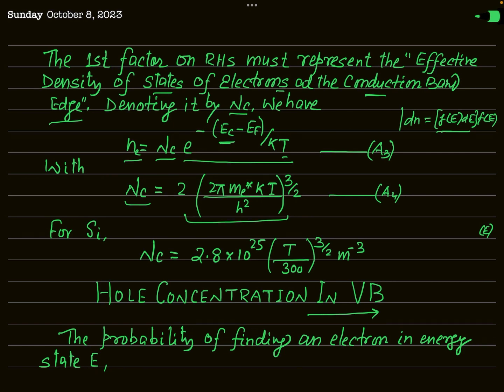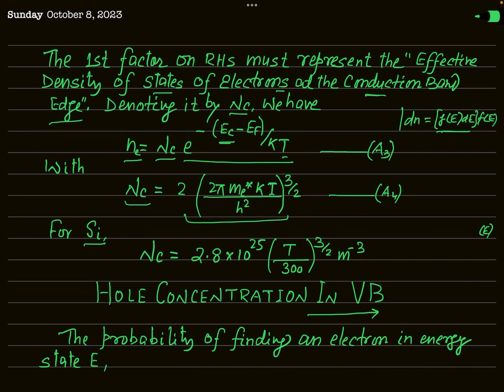Now, you can see the expression for this Nc. Except for the temperature T, all quantities appearing in this expression are universal constants, and so they have particular values, and you know all those values. In the case of silicon, we put the value of me star; k and h are universal constants, but me star depends on the material, that is, on which parent crystal the electron belongs to, which determines the effective mass.